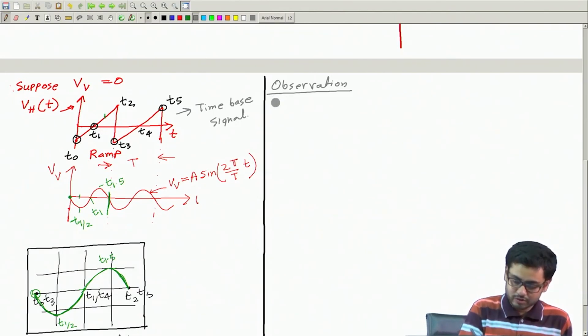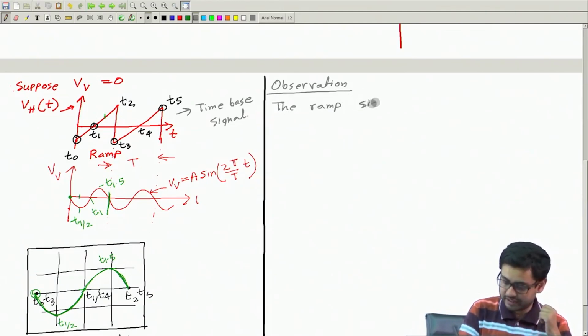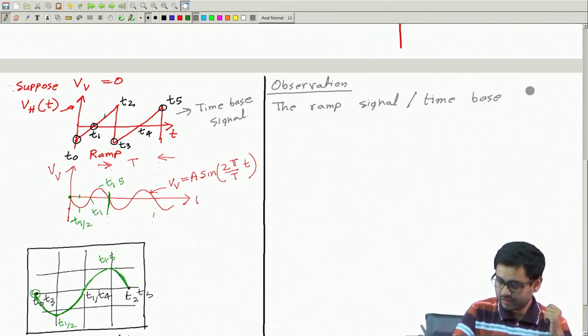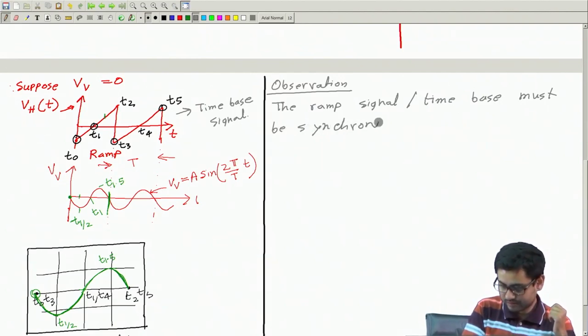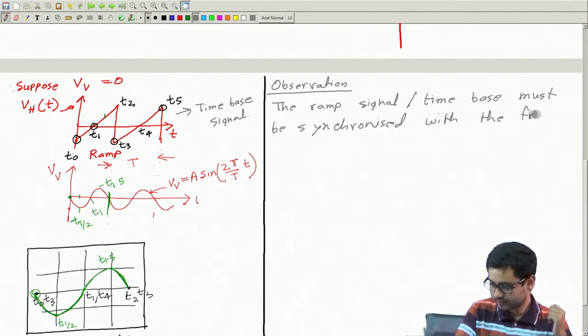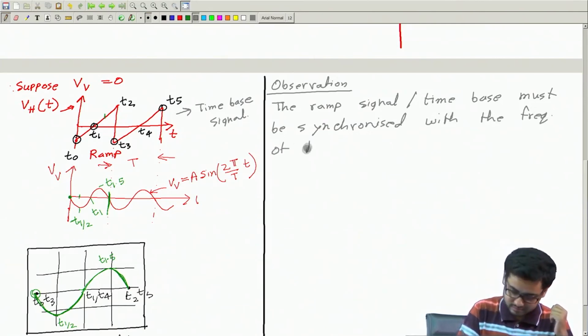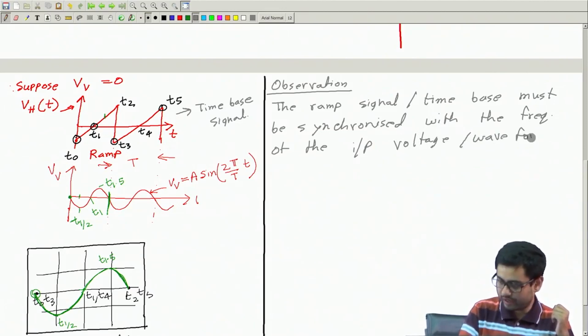The ramp signal or the time base must be synchronized with the frequency of the input voltage or waveform to have a nice display.